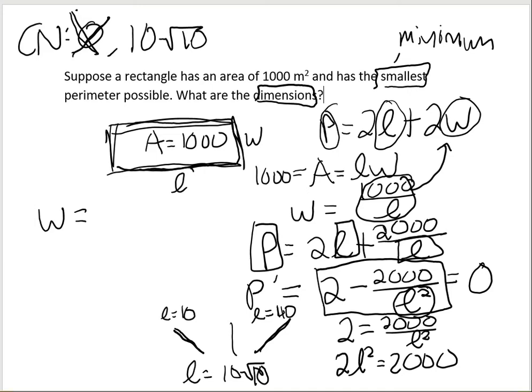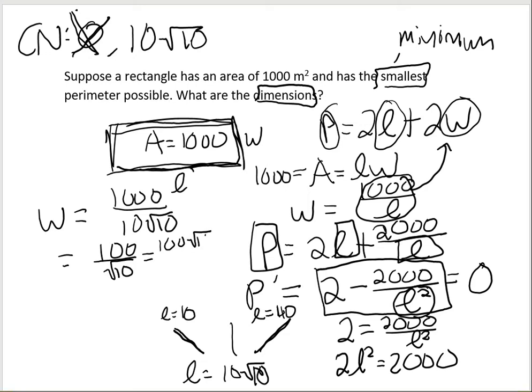The width is going to be 1000 over 10 root 10, plugging in L. So then that's going to be 100 over root 10, or 100 root 10 over 10, just rationalizing quickly, which is also 10 root 10.